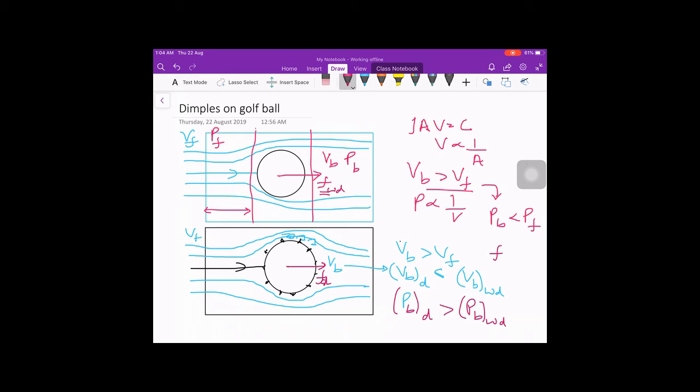So the force with dimples is smaller than the force without dimples. As the retarding force is less in the case of the ball with dimples, this ball moves more distance than without dimples.